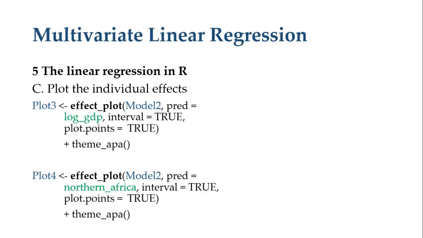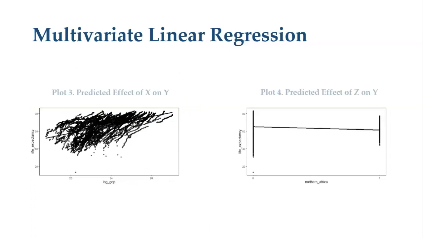You don't need to plot the effects of all the variables that you include, only the variables that are relevant for your analysis. So include, for instance, the explanatory variable of your theory and the factors from the rival explanations. We use the same function, and this is the result.